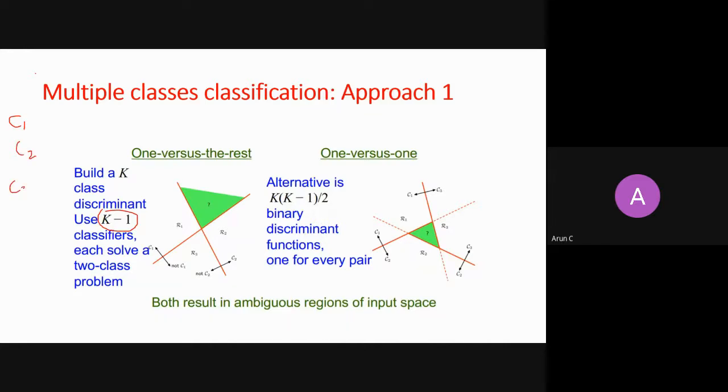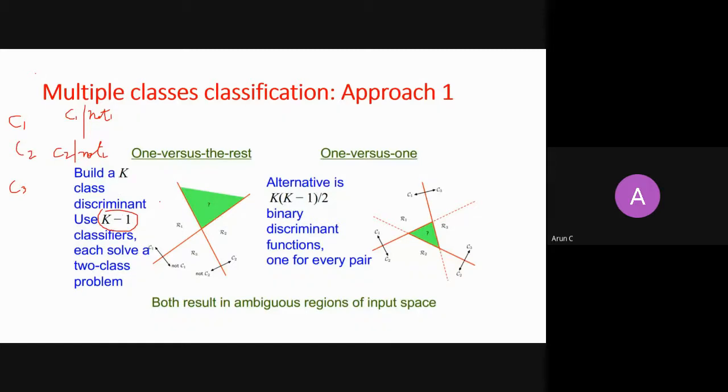You form two classifiers which say either it is C1 or not C1, then either it is C2 or not C2. Obviously, what is not C1 and not C2 will be C3. So you need k minus 1 classifiers if there are k classes.